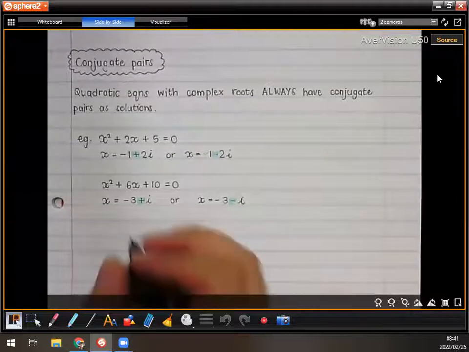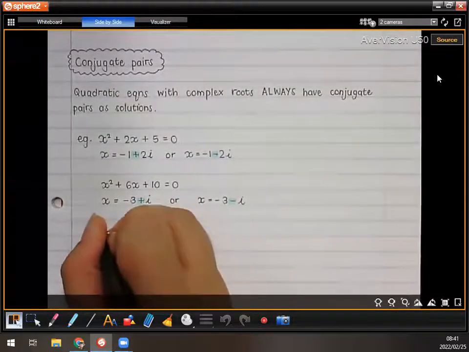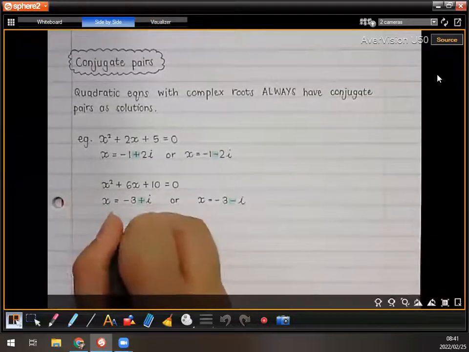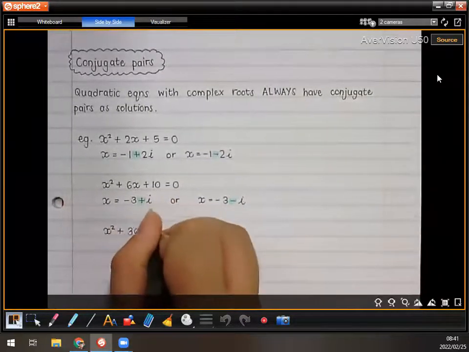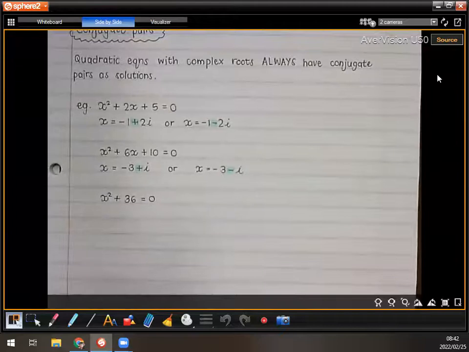Then when we had, for example, those first couple of examples that we did, let's say x squared plus 36 equal to 0. We got plus or minus 6i for this answer. But I'm just going to write it slightly differently.